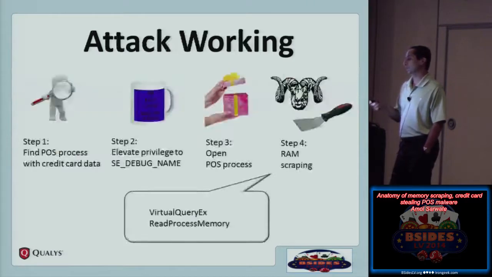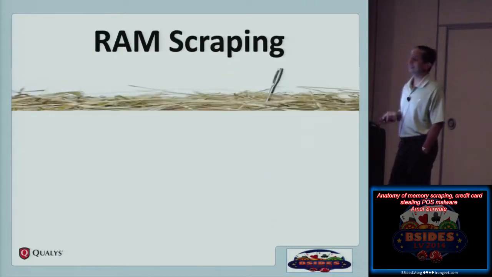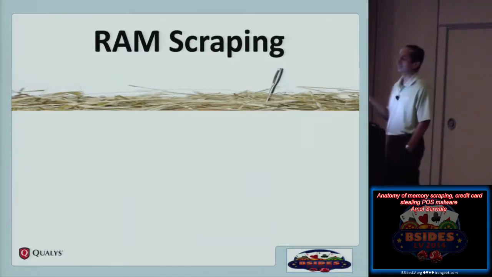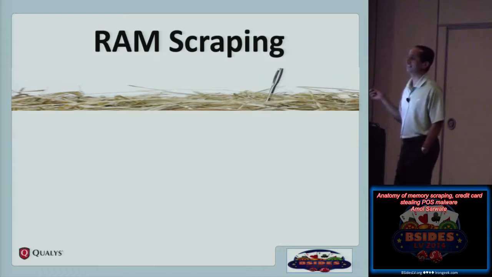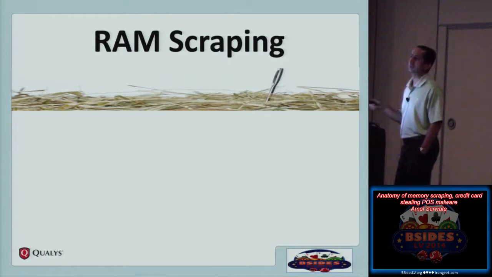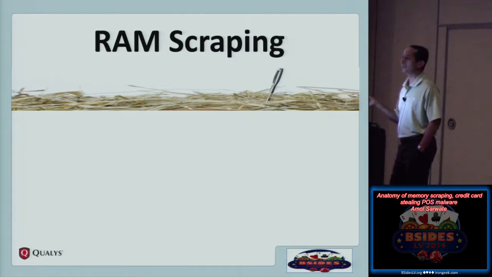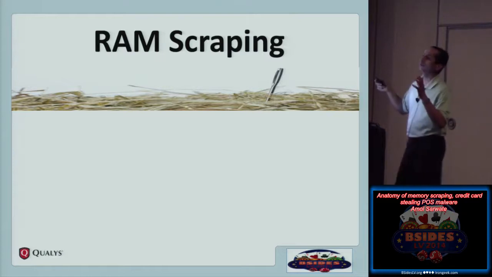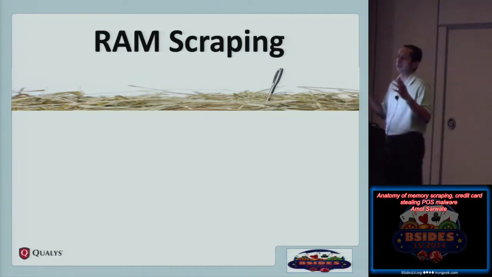And one last thing. In the last step, when it scrapes the RAM, that RAM scraping is easy, but it's sort of like finding a needle in the haystack, because memory, even if you target one single process, could be huge. There could be a lot of pages in that process memory, and you want to optimize it. You are basically running against time, because the POS software is also not written by dummies.